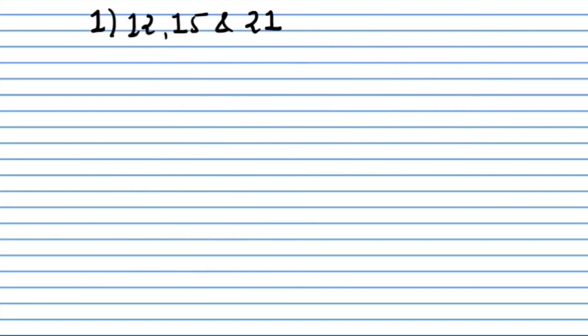They have given us 12, 15 and 21 and we have to find the HCF and LCM of these numbers. Let us first find the factors of all three integers using the tree method. So start with 12.